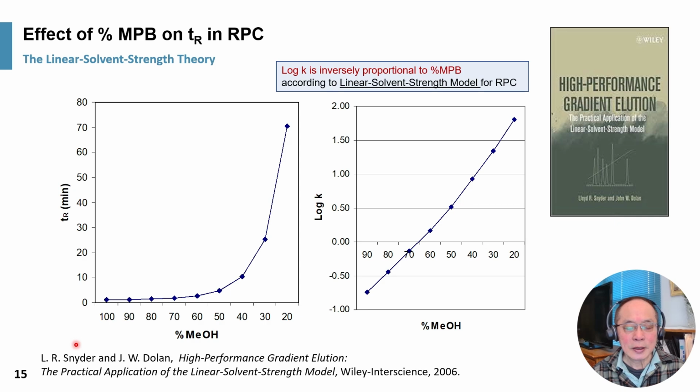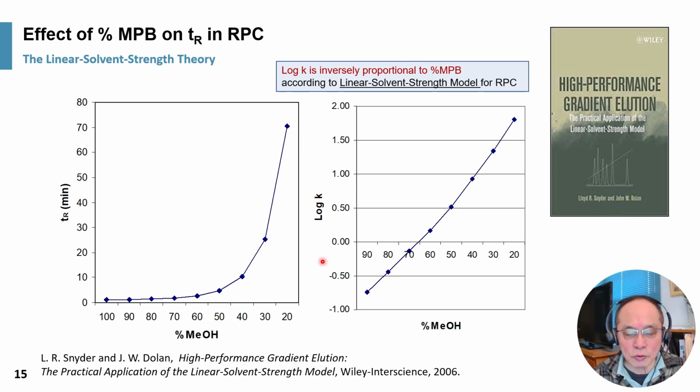If we inject an analyte under reverse phase condition at 100% methanol, because 100% methanol is a very strong solvent, we almost get no retention on the column. And when we lower the solvent strength to 70%, you can see the retention time increases quite a bit, actually exponentially after 60 or 50%, right? You can see how much it increases.